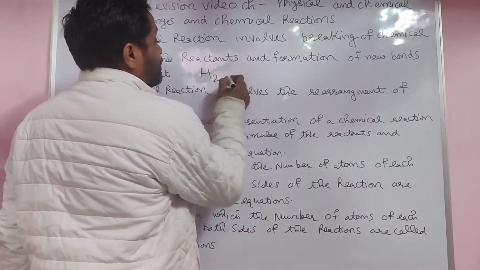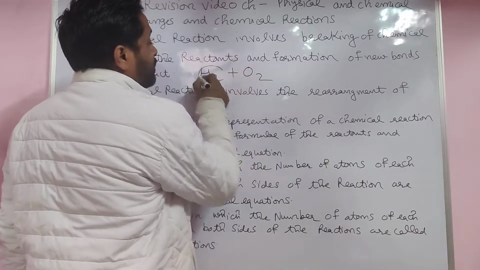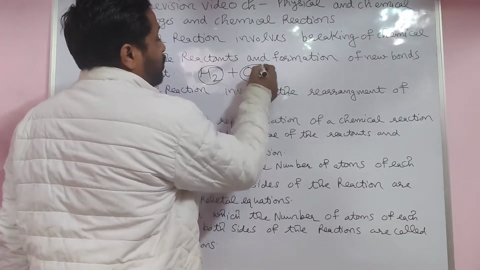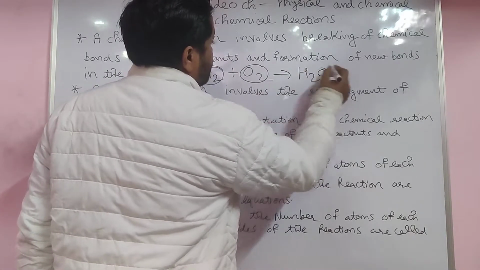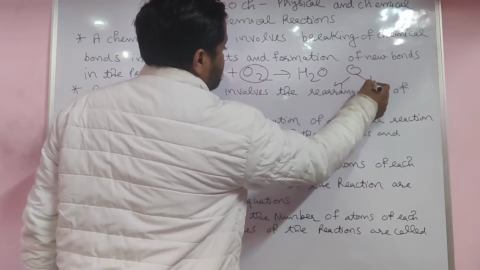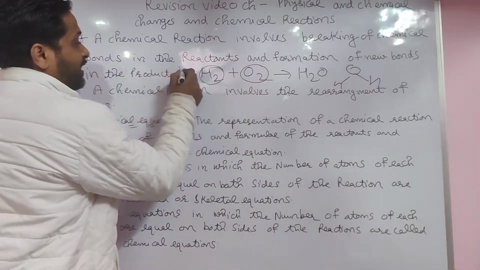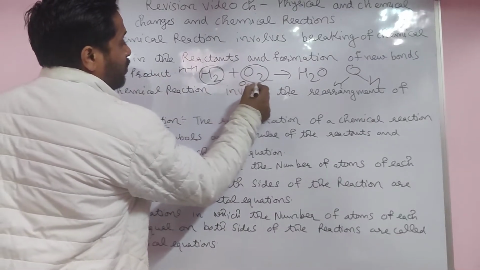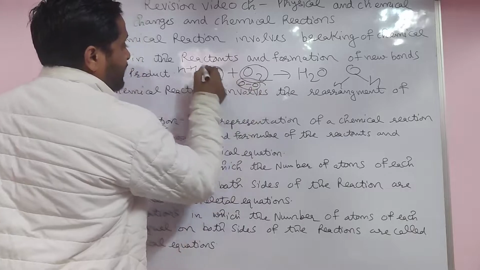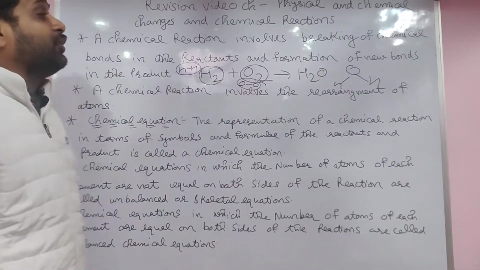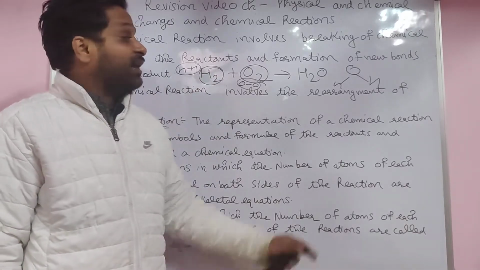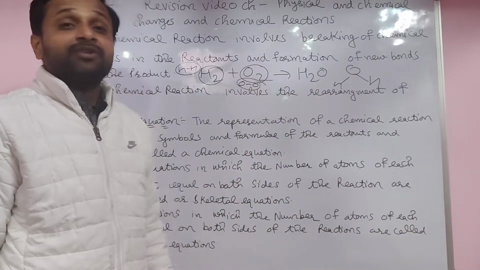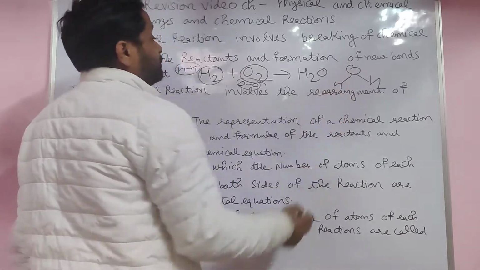For example, H2 plus O2: firstly, the bonds between H and H, O and O break, and new bonds form between O and H. Old bonds break in the reactant and new bonds form in the product.